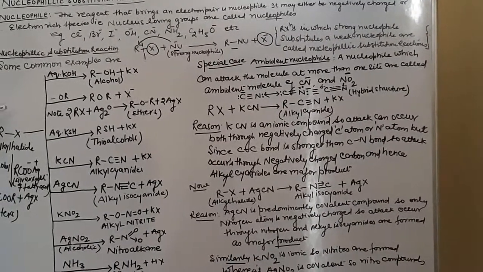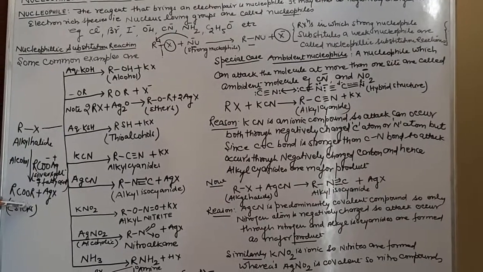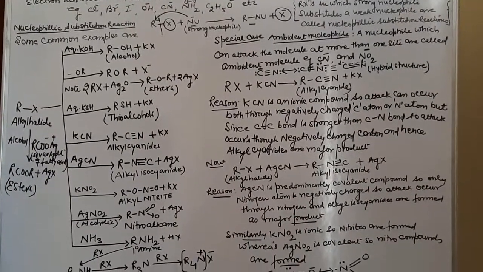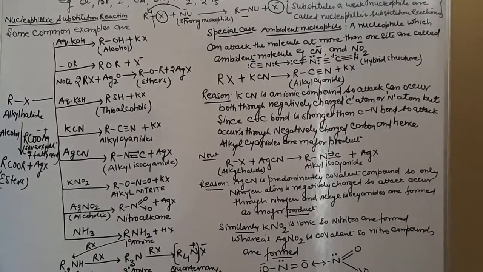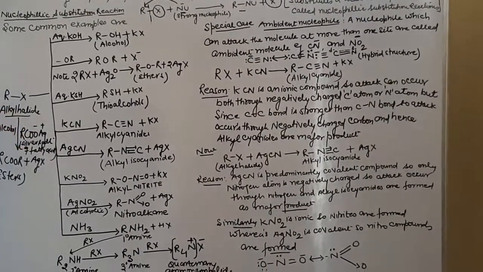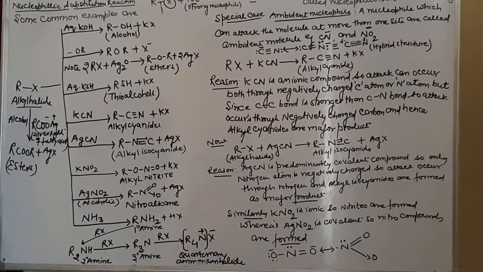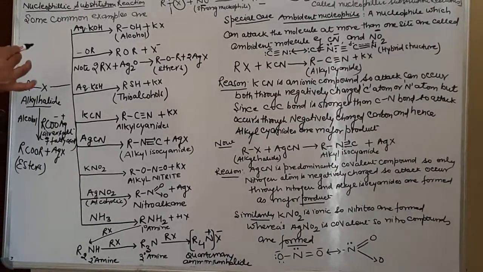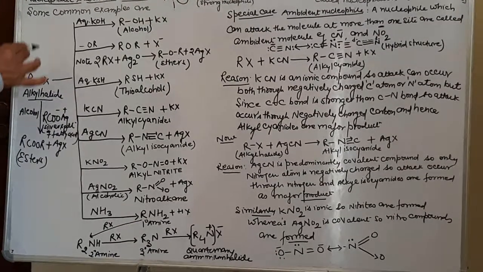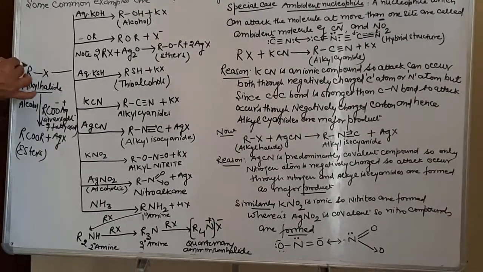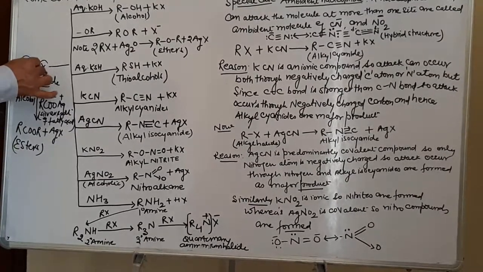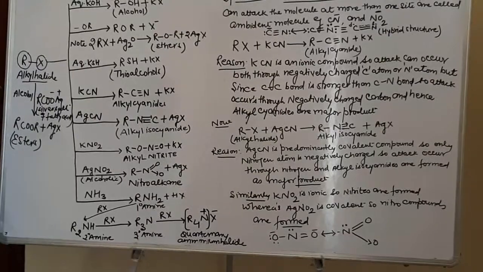Now, as far as nucleophilic substitution reactions are considered, haloalkane, or alkyl halide, shows various types of nucleophilic substitution reactions. I have tried to represent the nucleophilic substitution reactions of haloalkanes with the help of a flow chart, where this R is an alkyl group and X is a halo group, it may be chloro, bromo or iodo group.